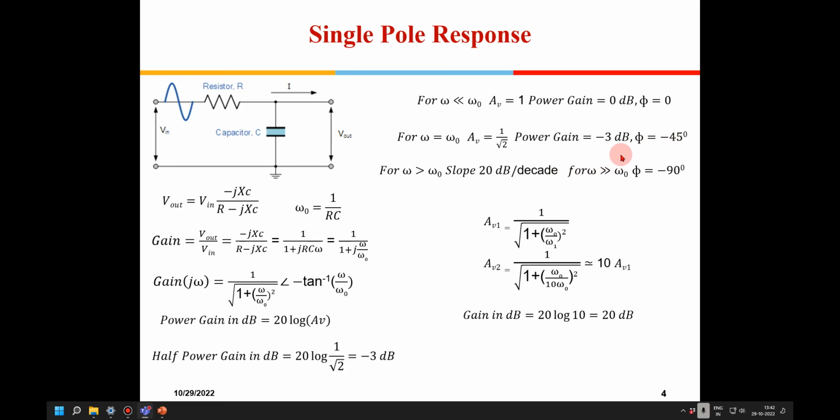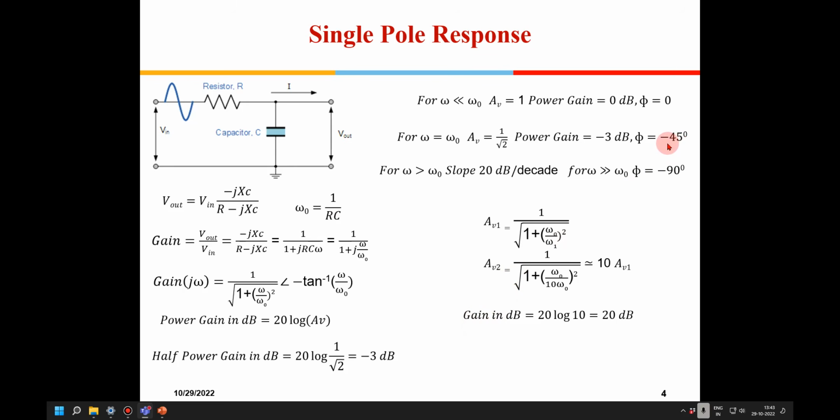But sir, why are we putting omega 0 as 1 by RC? What is the reason behind that? Because that corresponds to the frequency where the power becomes half. Okay, at 1 by RC, power becomes half.